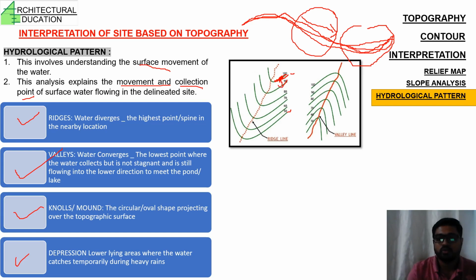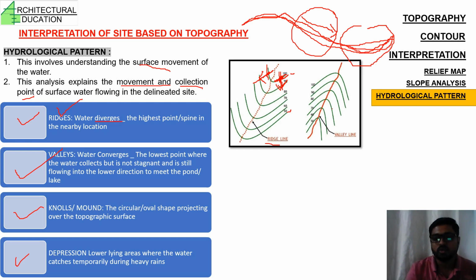When you draw a line perpendicular to that, that is the way the water flows. And when you draw over here, a line parallel to it and then perpendicular to it, we will find the flow of water over here, and the water is actually diverging over here. So when the water is diverging, this is forming in the form of a ridge.